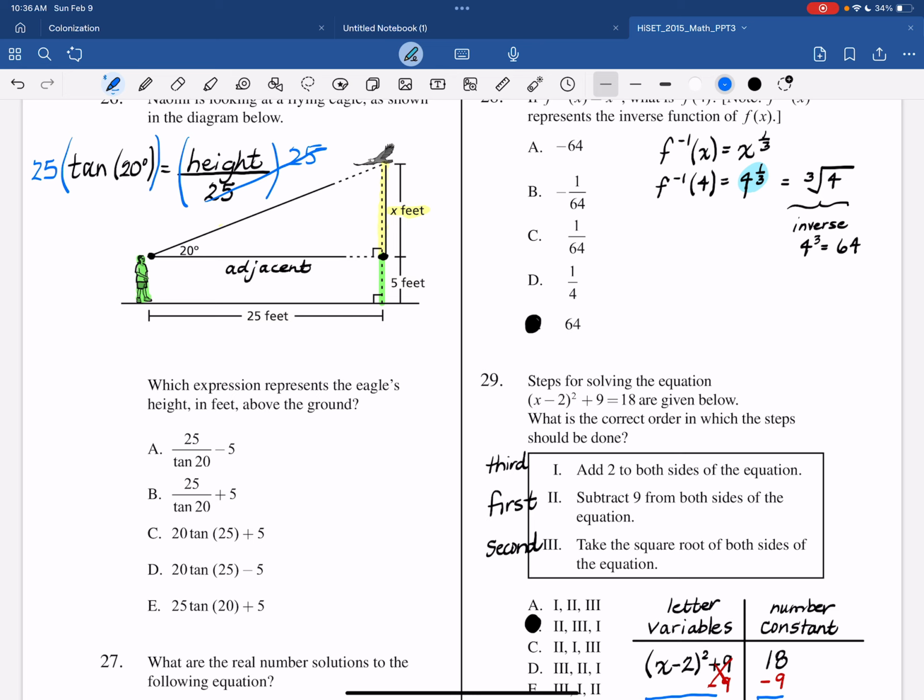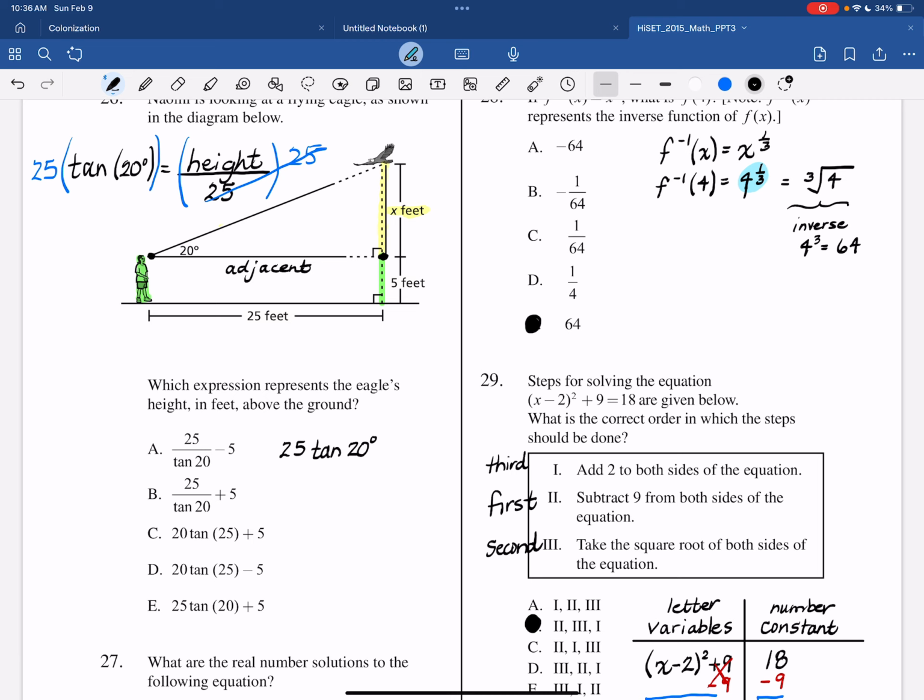And you could probably go ahead and pick your answer. This is going to be E, as in echo, just looking at this. Because once you get that far, you have this much of your formula: 25 times tangent of 20 degrees. That's going to equal the height.